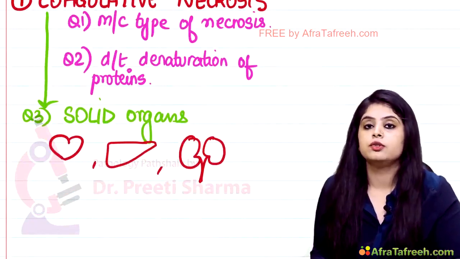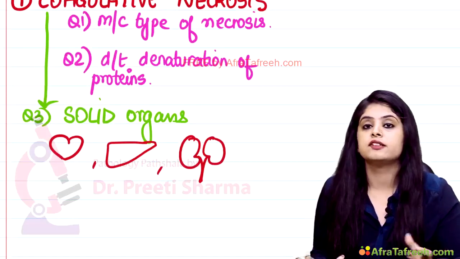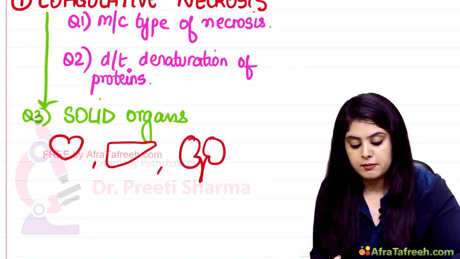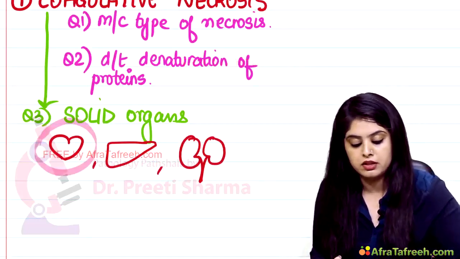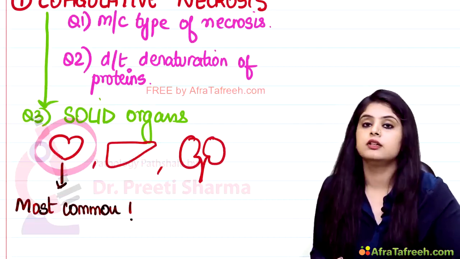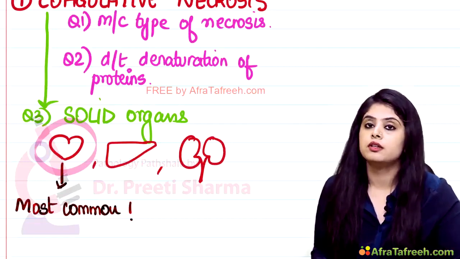Out of these also, you can be asked that out of the heart, liver and kidney, if these are given as 3 separate options and you have to select one, then remember that the heart is going to be most commonly involved. So the most common involvement is going to be of the heart. In general, all solid organs, but most important, heart.